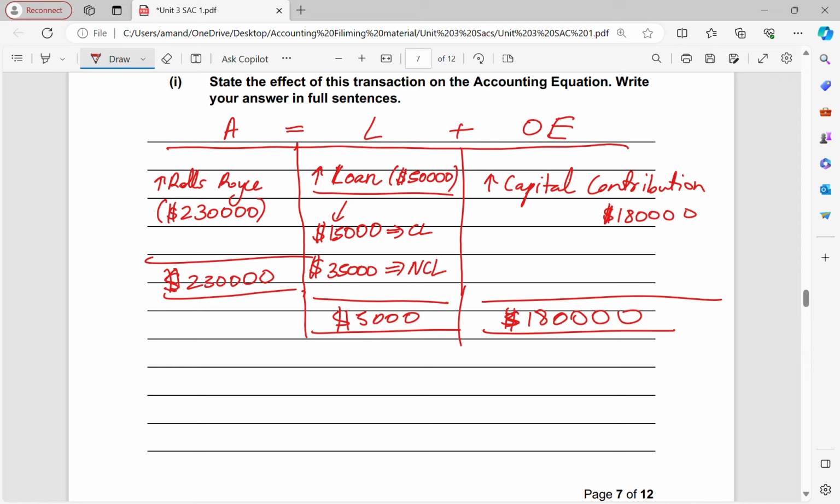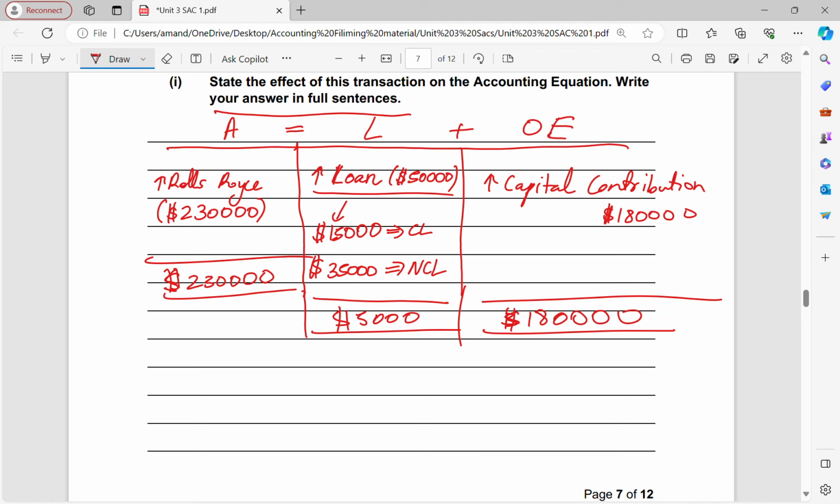Furthermore, this also had an impact on liabilities by $50,000, because of an increase of $15,000 in the current liability of loans, and $35,000 in the non-current liability of loans. Additionally, owner's equity also increased by $180,000 as an impact of a capital contribution. Something like that. Put it into words, because it's saying in full sentences.